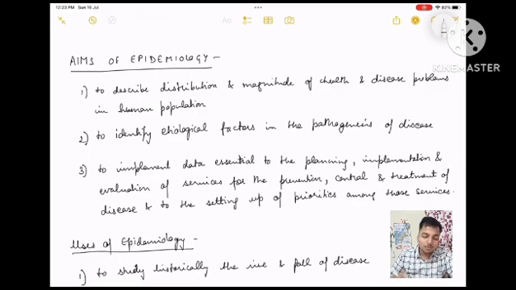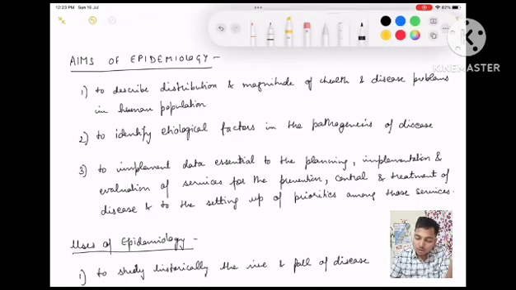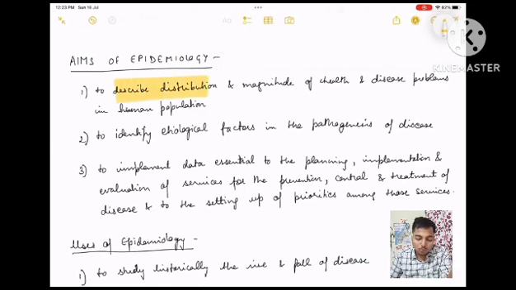Now come on to the aims of epidemiology. As per the definition, first it was a study of occurrence and distribution of health-related events, states and processes. So similarly, the first aim is to describe the distribution and magnitude of health and disease problems in human population.